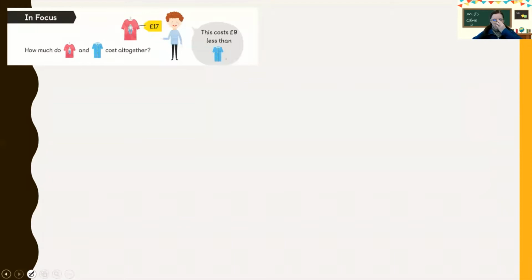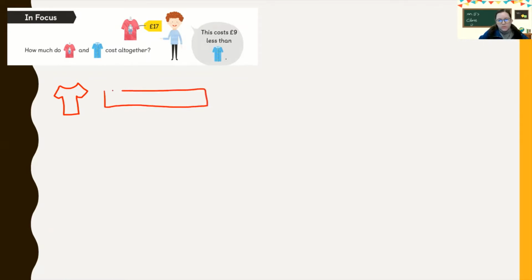Okay, did you have a go? Super well done if you did. So let's look at what we know. We know that the red shirt with the lovely robot on it is £17. So you will use a ruler for your bar models. £17.